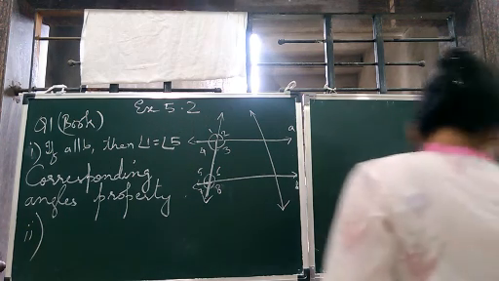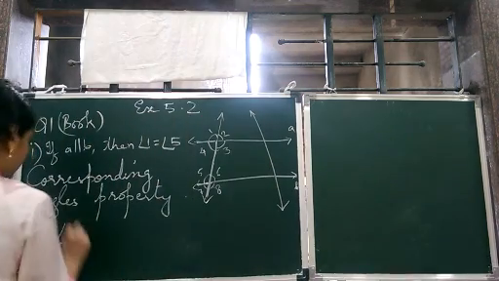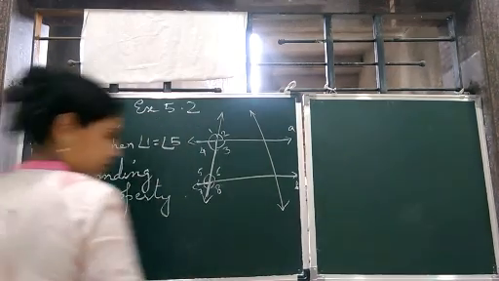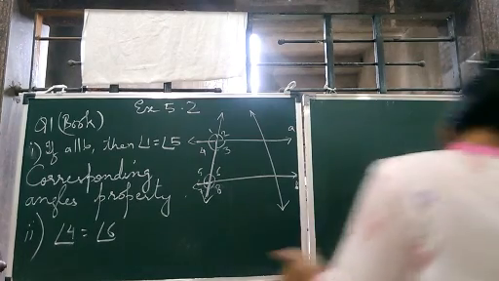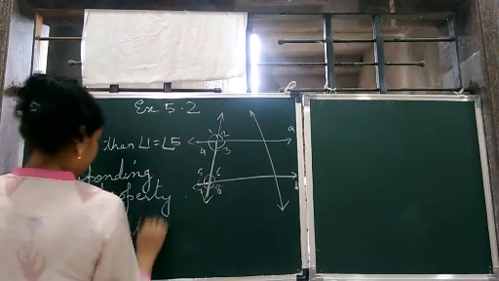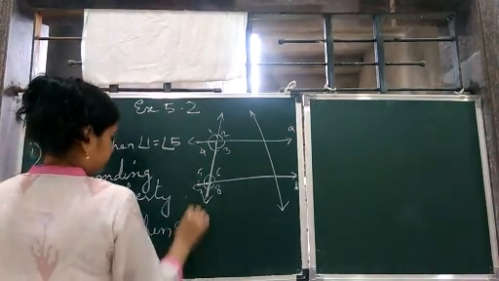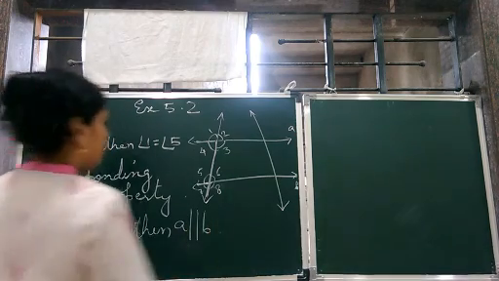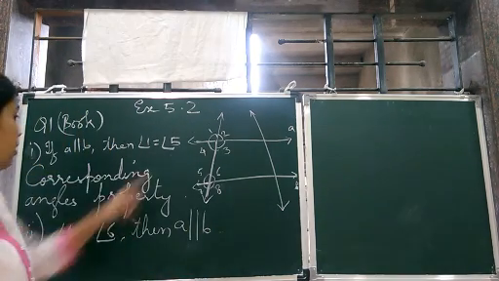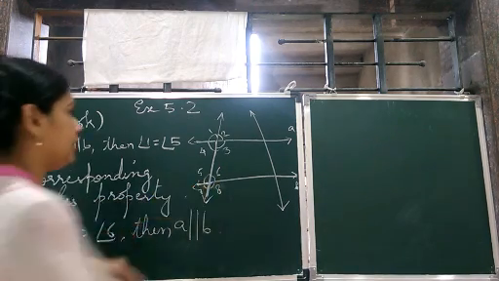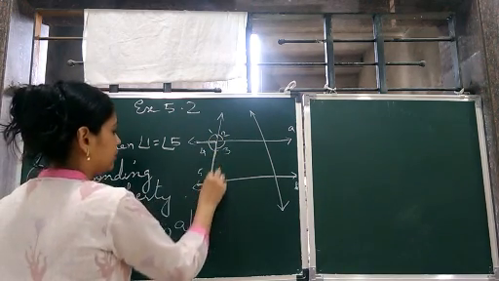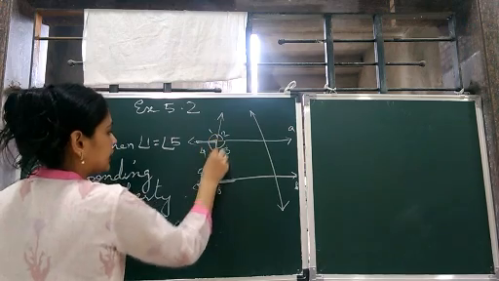Second one is that angle 4 is equal to angle 6. Then A is parallel to B. Which formation?